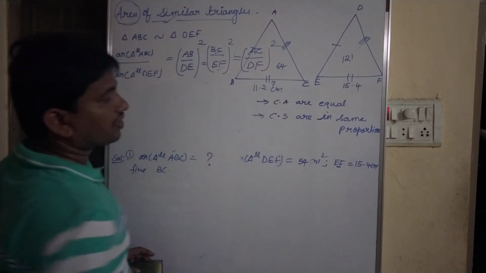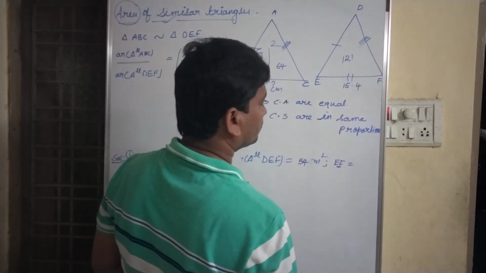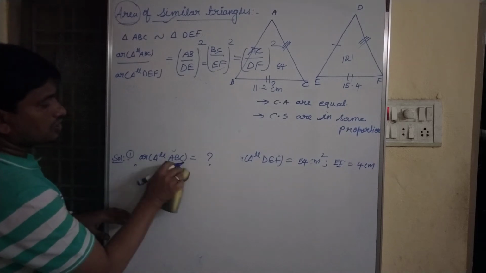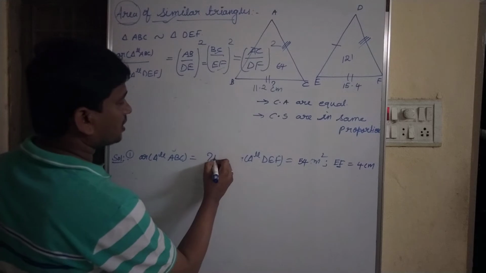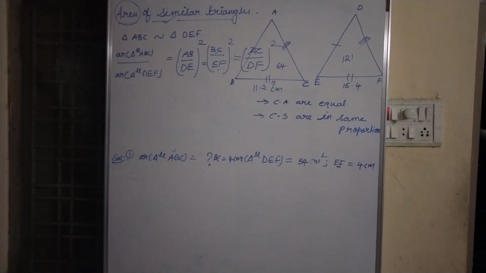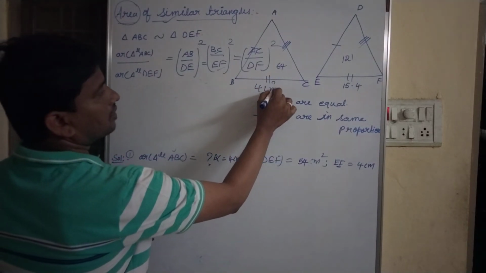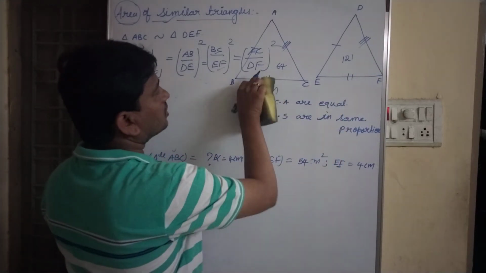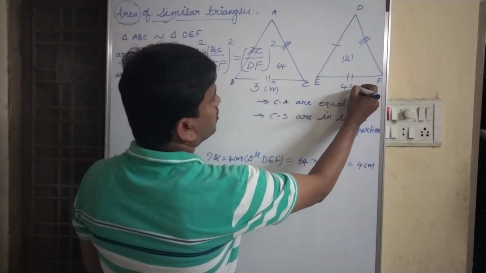What is given, children? Given BC equal to, for example, 3 centimeter and EF equal to, consider as 4 centimeter.